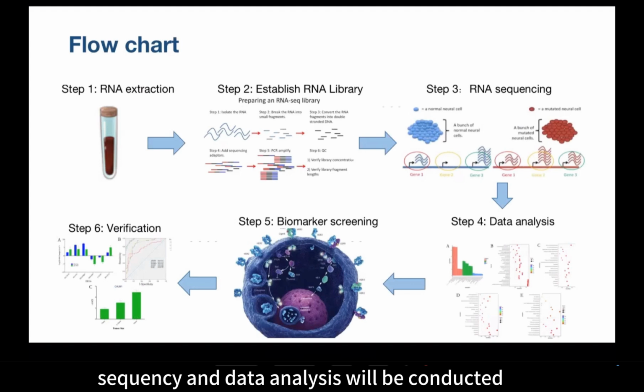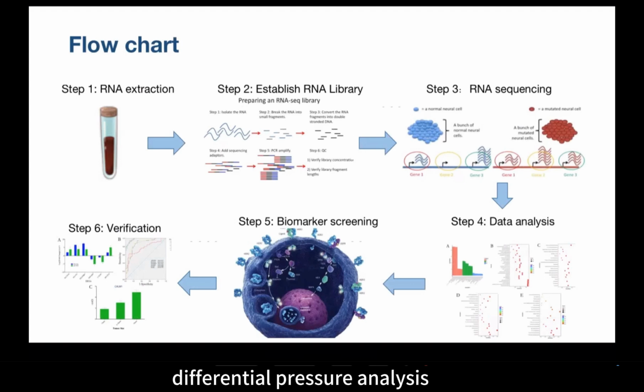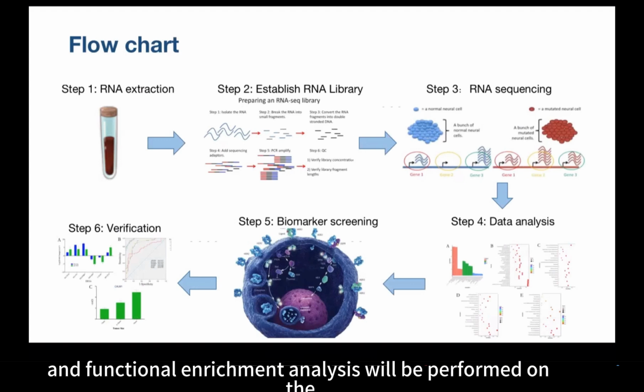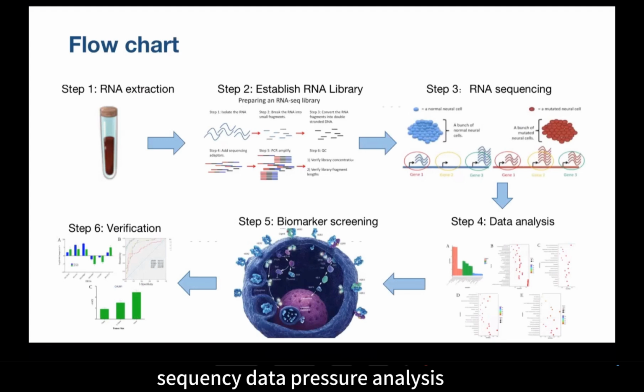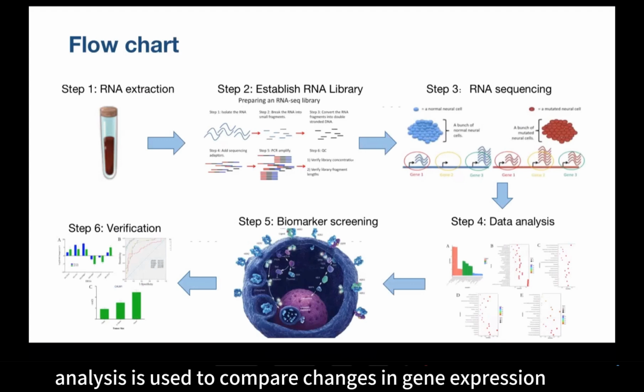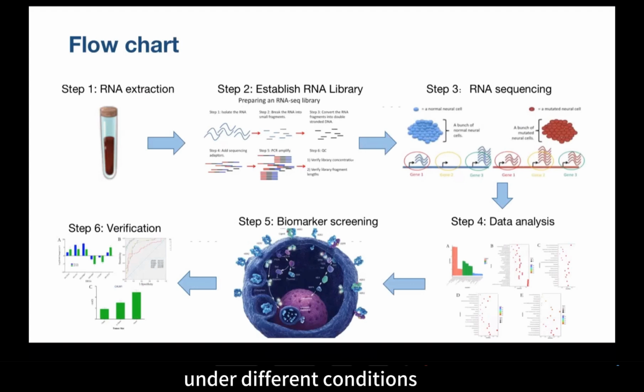Afterwards, sequencing and data analysis will be conducted. Gene expression analysis, differential expression analysis, and functional enrichment analysis will be performed on the sequencing data. Gene expression analysis can reveal the level of gene expression in the sample, while differential expression analysis is used to compare changes in gene expression under different conditions.